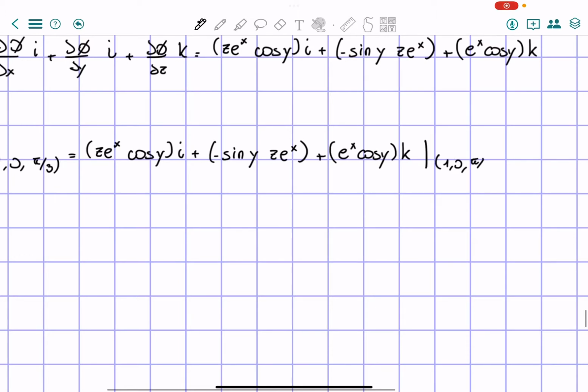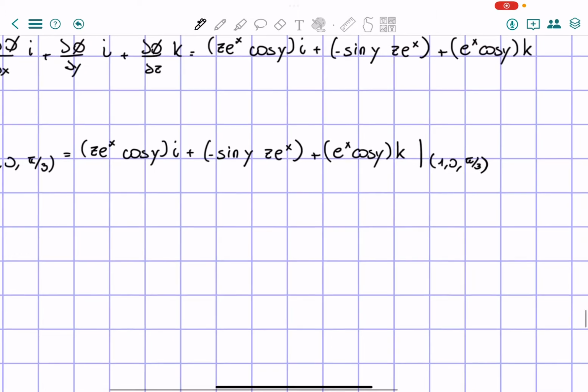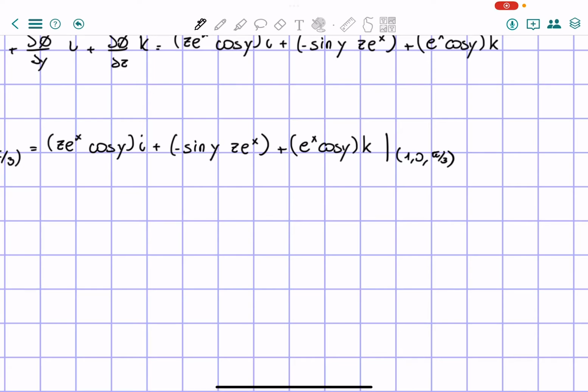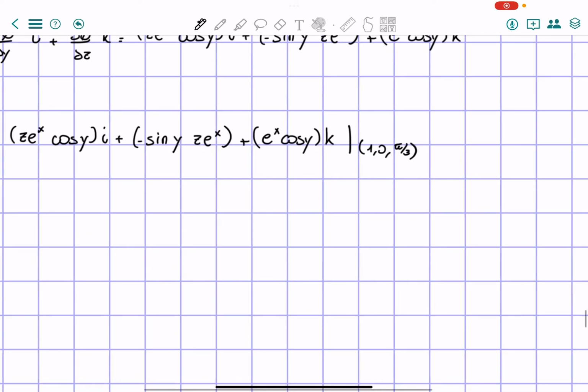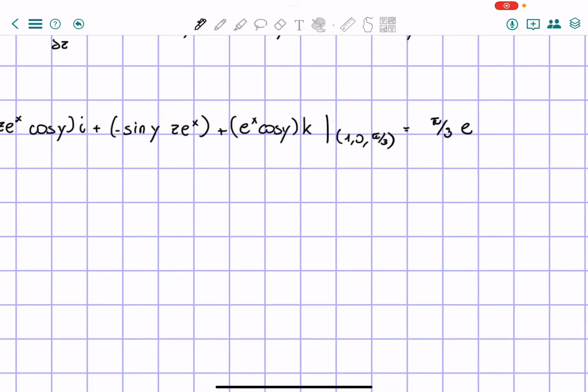So let's substitute the values. For x, we substitute 1, for y, we substitute 0, and for z, we substitute pi over 3. So we're going to have pi over 3 times e to the power of 1, so times e, cosine of y, and our y is equal to 0, so cosine is equal to 1, in the i direction. Plus, then we're going to have a negative sine of y.